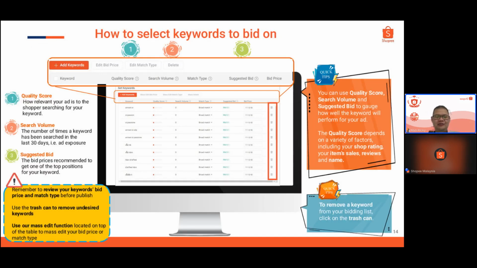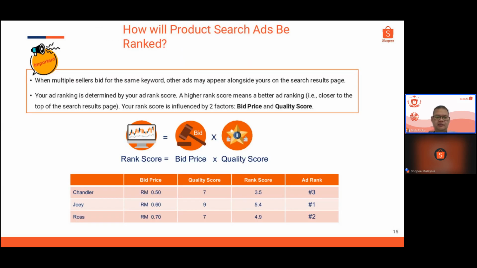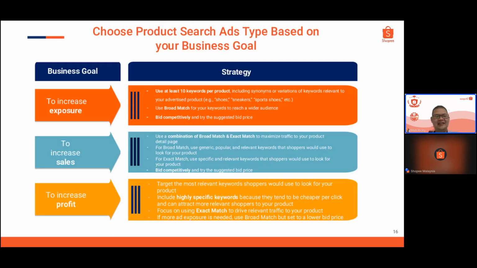To maximize our quality score, make sure your shop rating, your item sales, and reviews are all in perfect shape. This is what we should always practice, so you can save your cost. This is quite important. I think I never shared this before. Right, so we go to the next one.